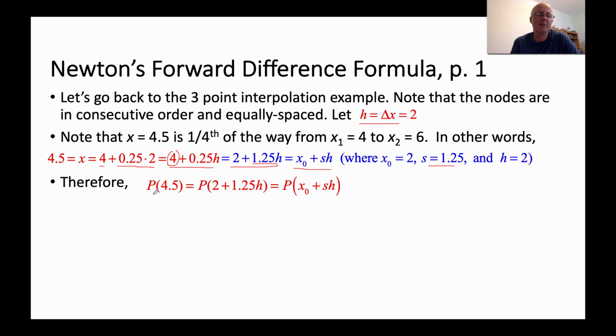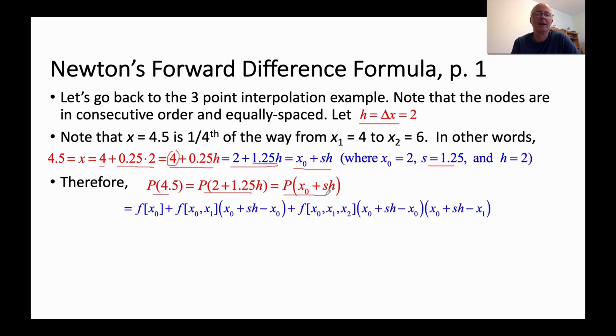Therefore, I can think of p of 4.5 as p of this, which is p of this in general, which now I can go back to the other equation involving the Newton divided difference formula, where when it's in the form a0 plus a1 times x minus x0 plus a2 times x minus x0 times x minus x1, etc., the a's are these divided differences.